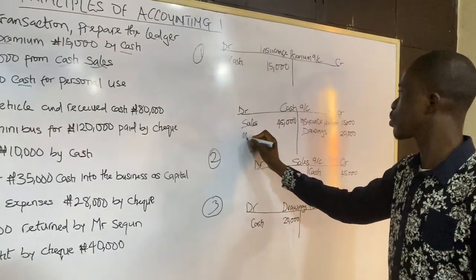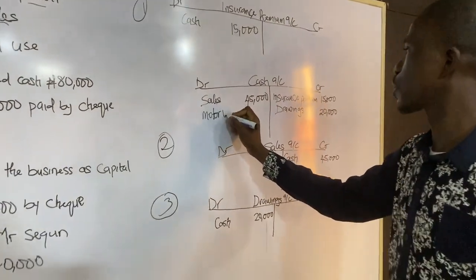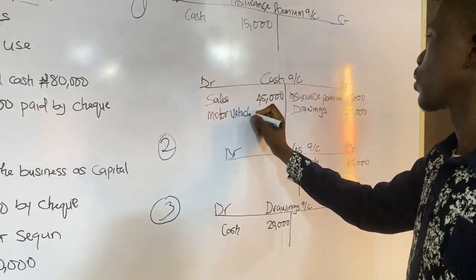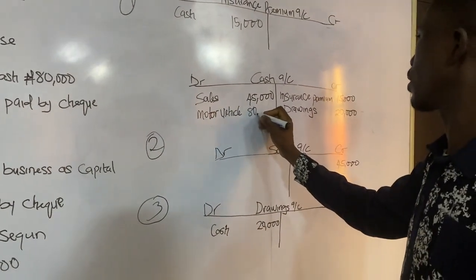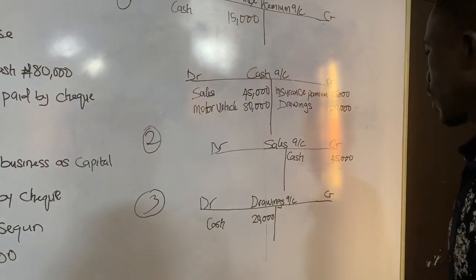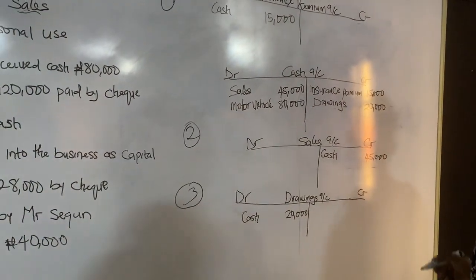So you put motor vehicle, 80,000 naira. And you open the motor vehicle account.